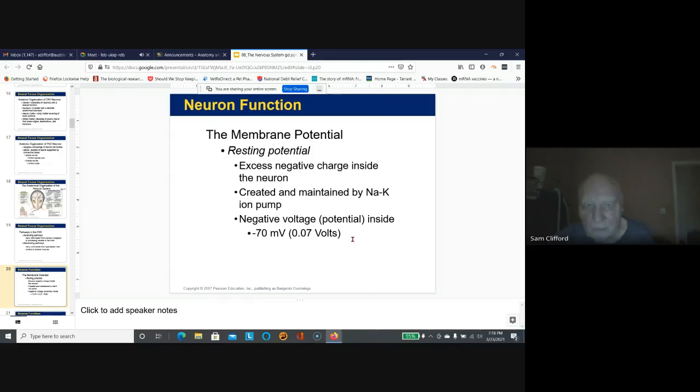So every nerve cell has what's called a resting potential, which means there's an excess of negative charge inside the nerve cell. It's created and maintained by a sodium potassium pump, and you can measure the voltage that the inside is minus 70 millivolts compared to the outside.